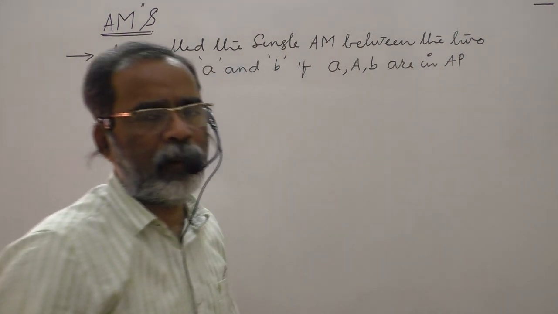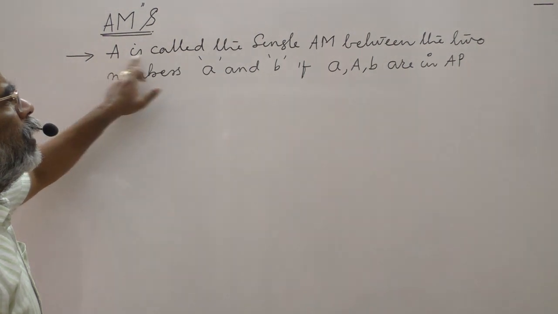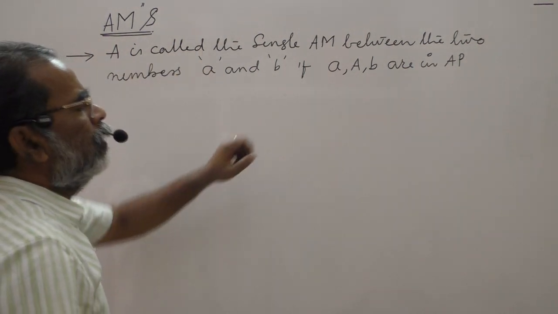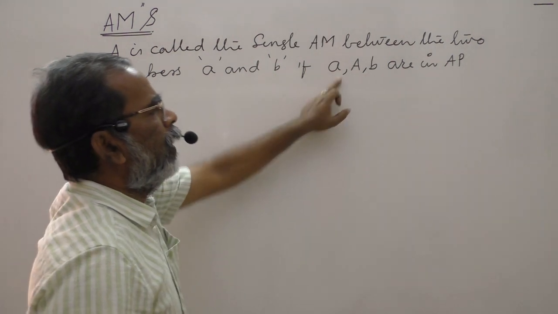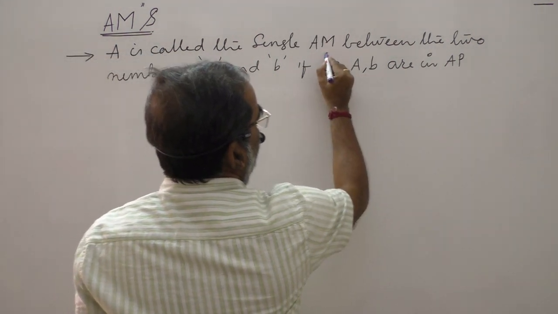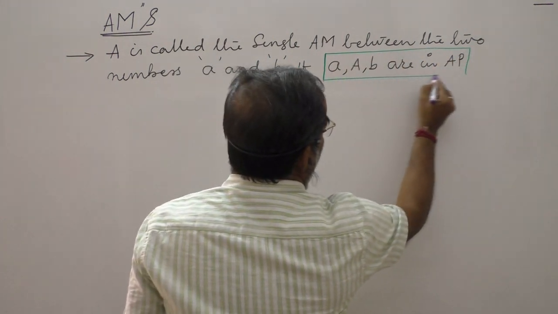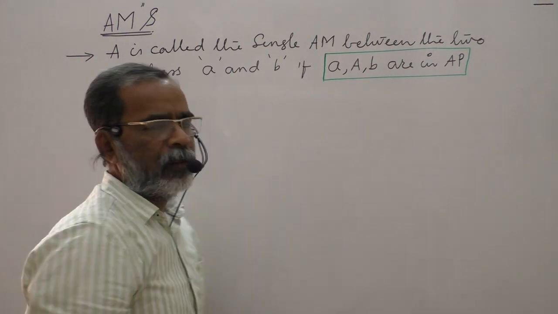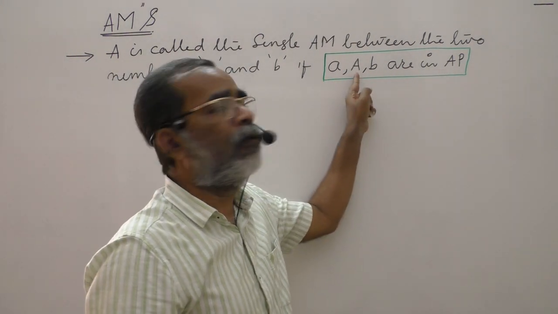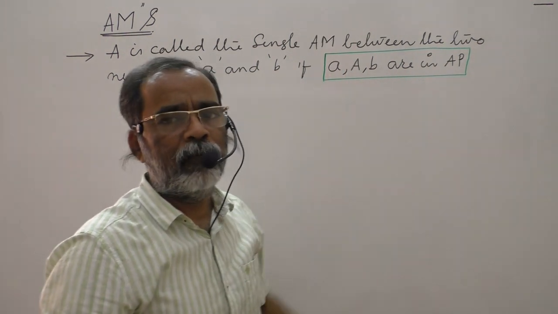Very simple. What is a single AM? A term A is called the single AM between two numbers a, b, if a, capital A, b, these three are in AP series. In other words, if three numbers are in AP, then the middle one is called the arithmetic mean between a and b.